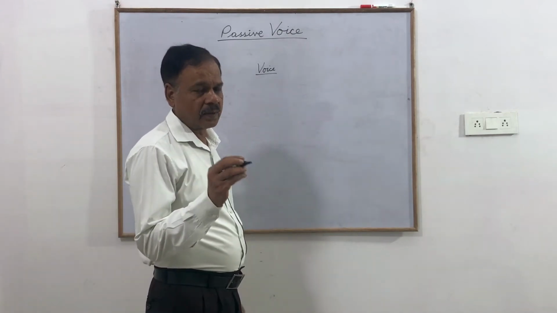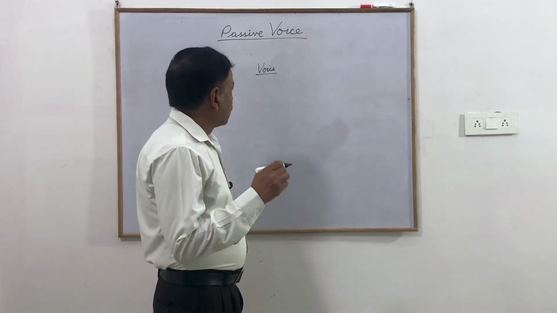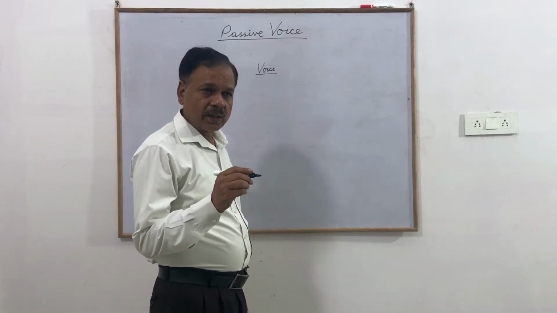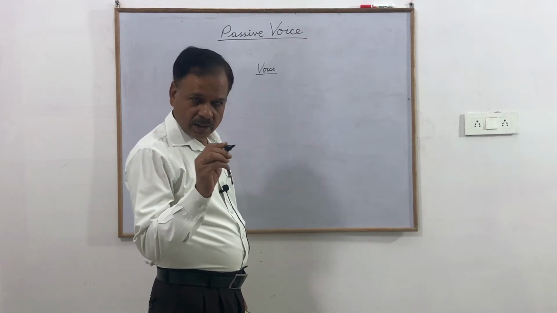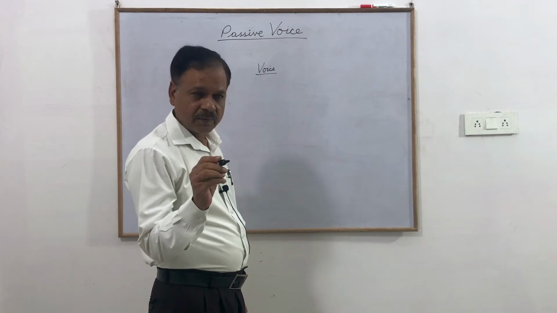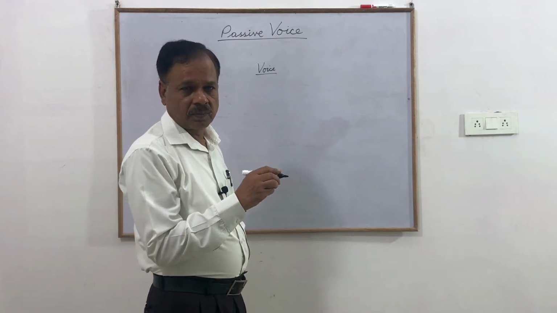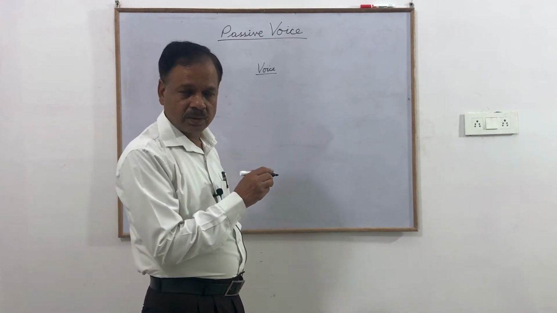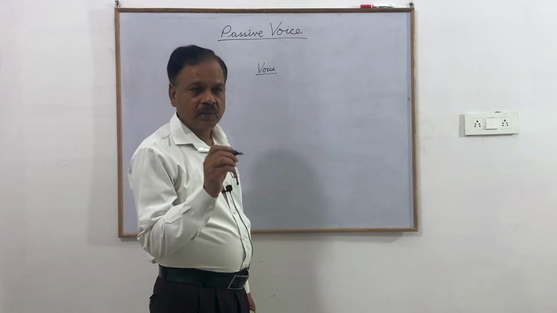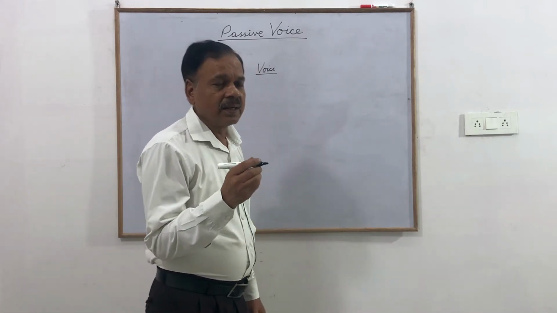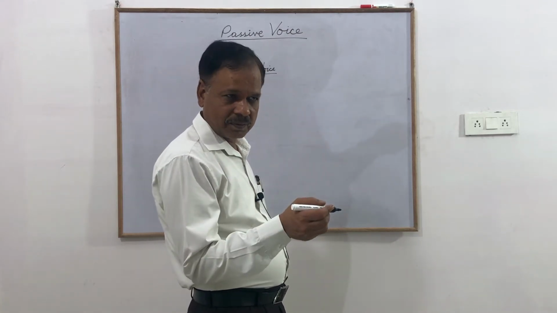Every sentence has a finite verb, and the verb tells us whether the subject of our sentence is doing something, or the verb tells us that something is done to the subject, or something is being done to the subject.